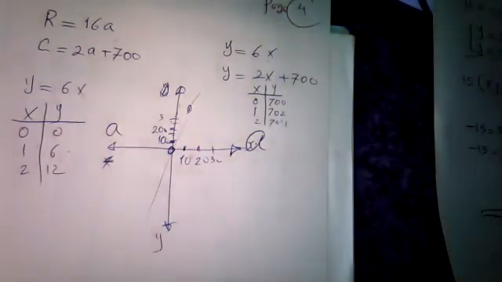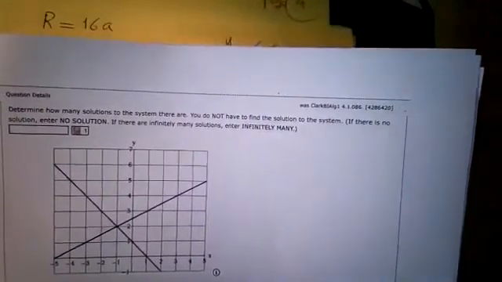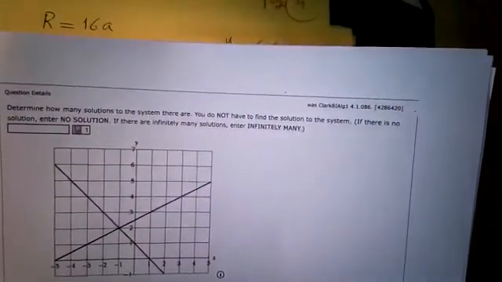All right. This problem, they ask you, determine how many solutions to the system are there. You don't have to find a solution to the system, just say how many.